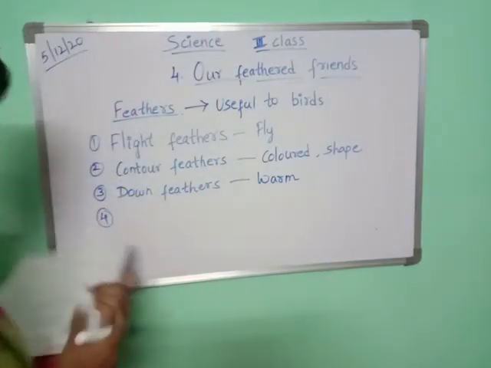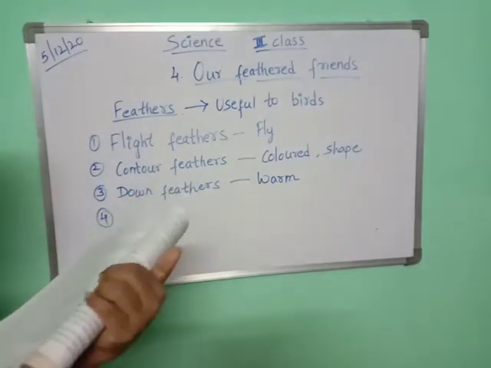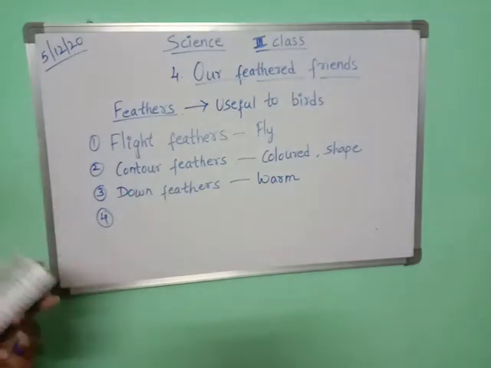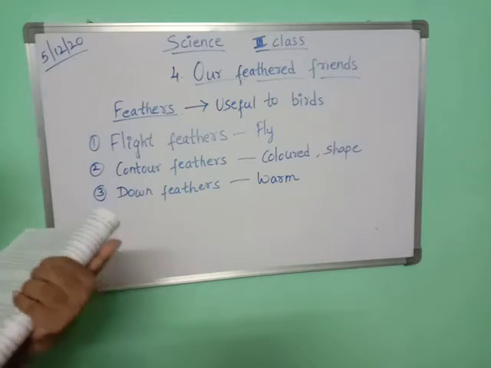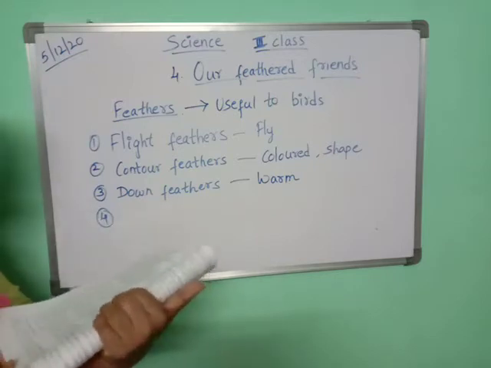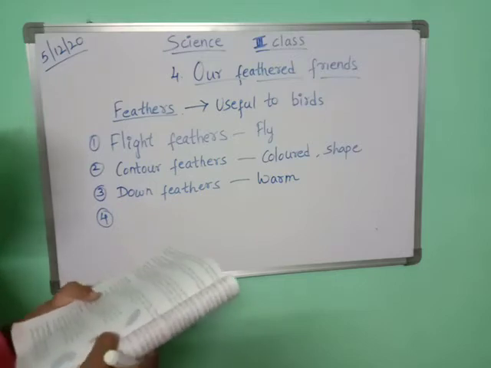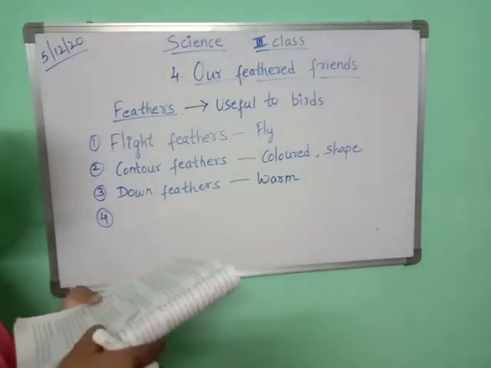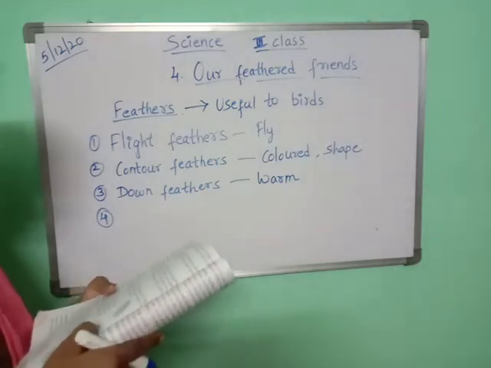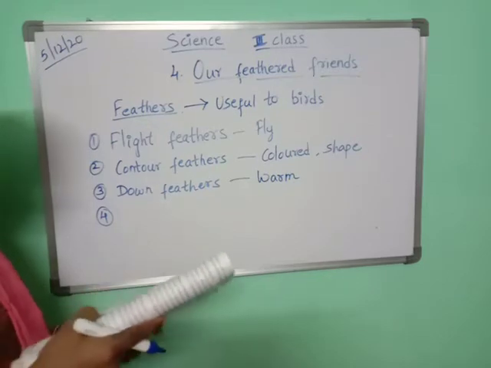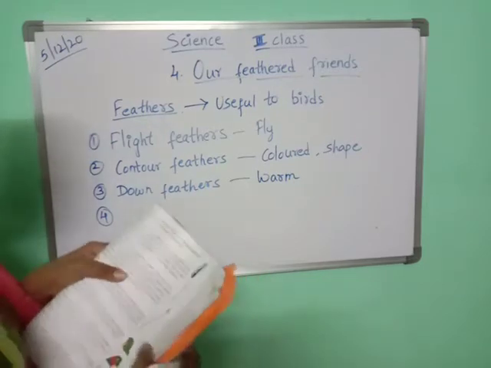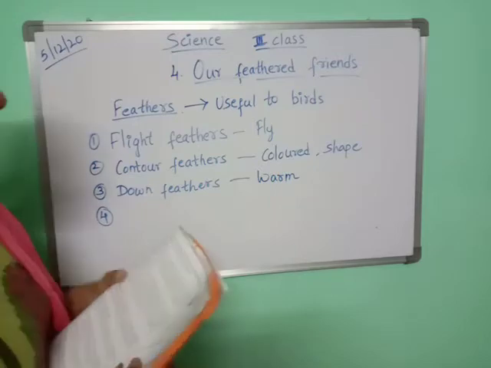Fourth, semi-plume feathers. Semi-plume feathers are a cross between down and contour feathers. Unlike down, they do have a well-formed staff. However, they do not have well-developed barbicels which make them soft.